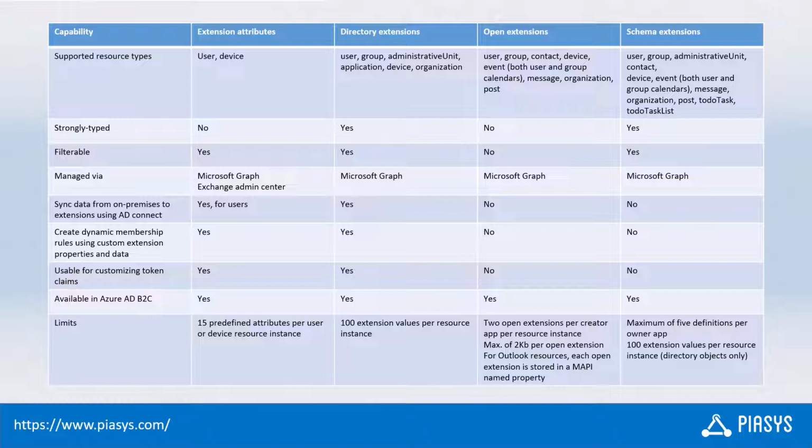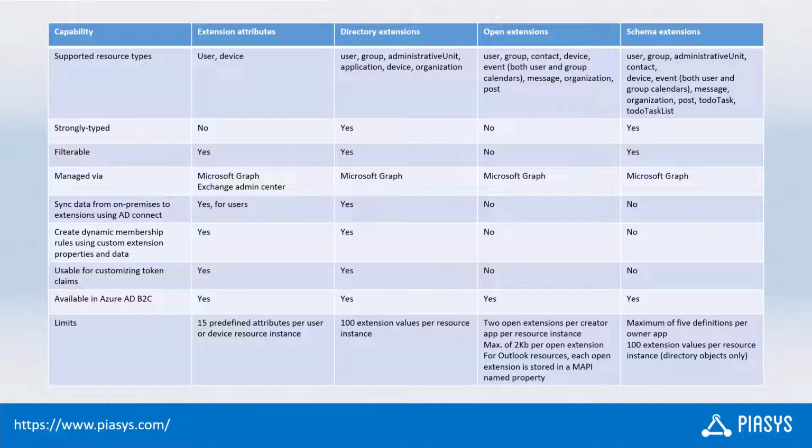From a limit point of view, well, indeed, the extension attributes are limited to 15 properties, no more than that. The directory extensions are limited to 100 extensions per resource, while when we talk about open extensions, the limits are mainly about the application that you are using to apply those extensions, which makes it more interesting because your extensions will be dedicated and isolated to your specific application.